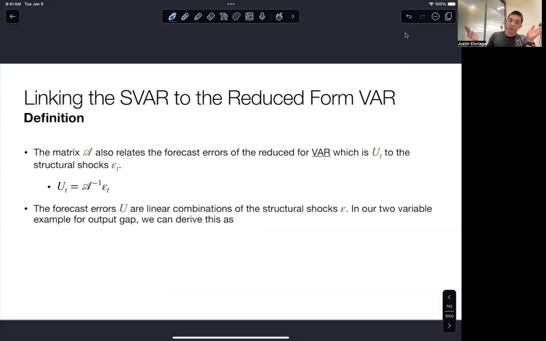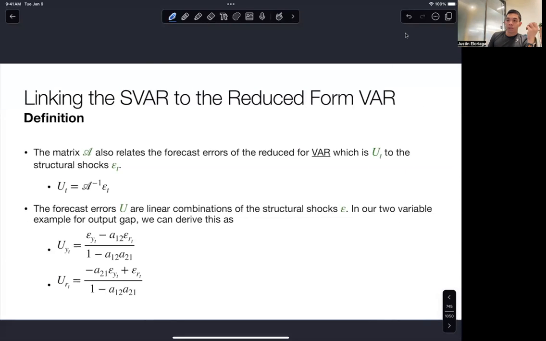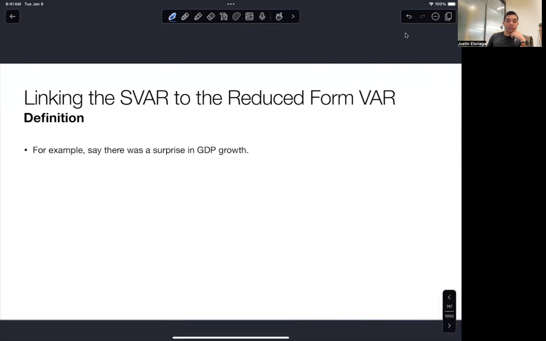In our two-variable example, we can derive this because A is equal to 1, A1,2, A2,1, 1. Then you can get the A inverse and derive those particular forms. So we have a formula for U, which means we can isolate these and solve for them.